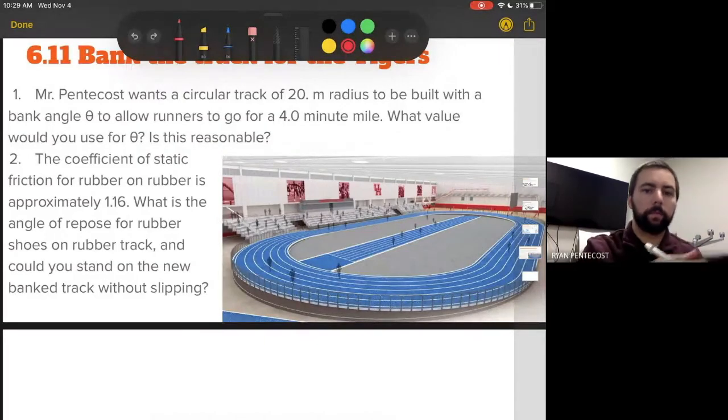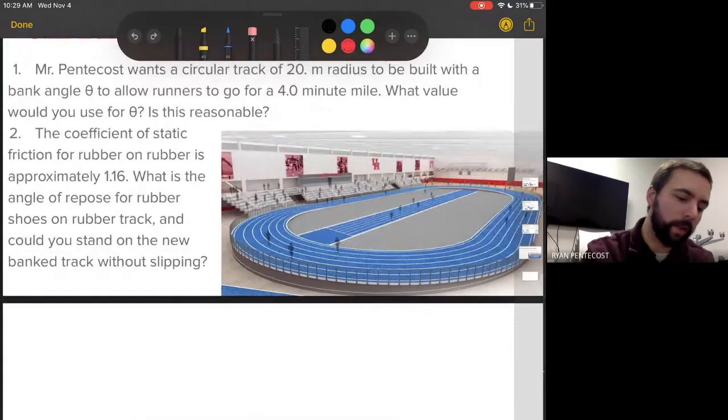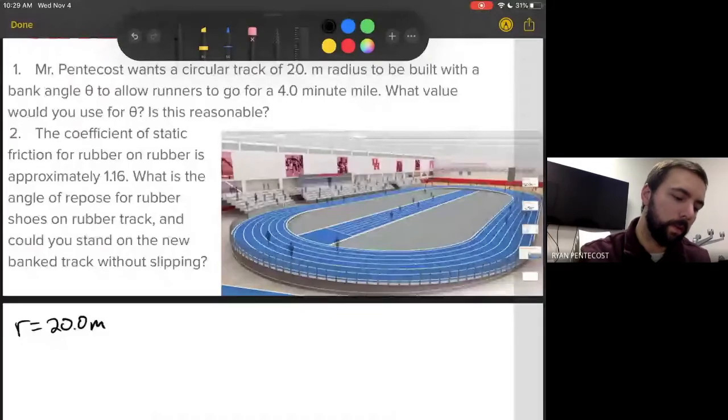So let's look at this. We know this from last time, right? Let's write our givens first. We have the radius is 20 meters. We are solving for angle theta.